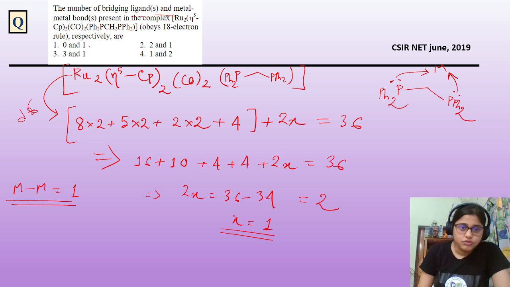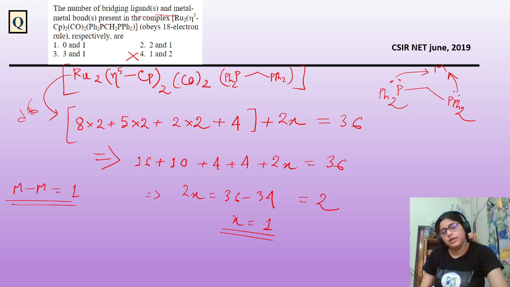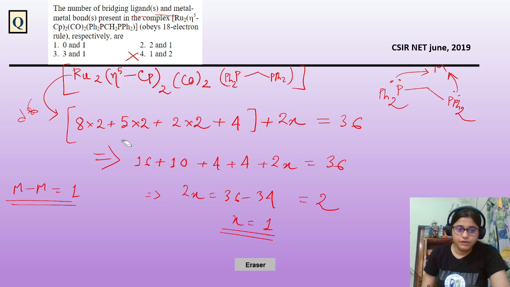Okay. So in the options, if you see, the metal-metal bond in the second is not correct, but in these three options, one is given as the metal-metal bond. So among these three, any one can be the answer. So we know now the metal-metal bond.